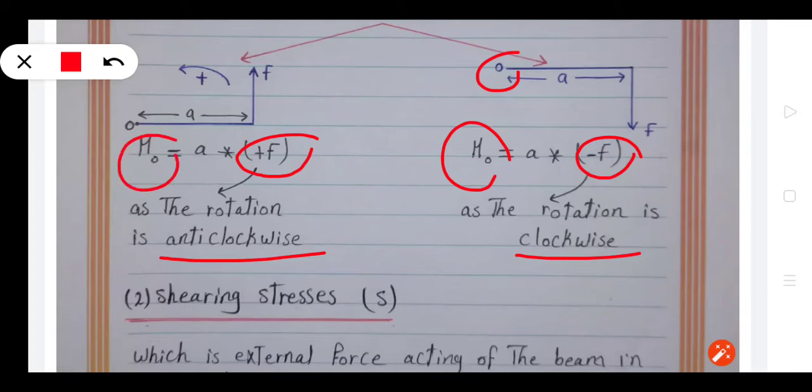The normal distance between the force and the point is A. In the first case, M naught equals A times positive F. And in the second case, M naught equals A times negative F, due to the direction of rotation.